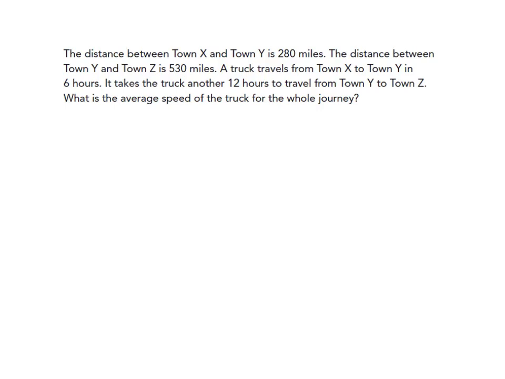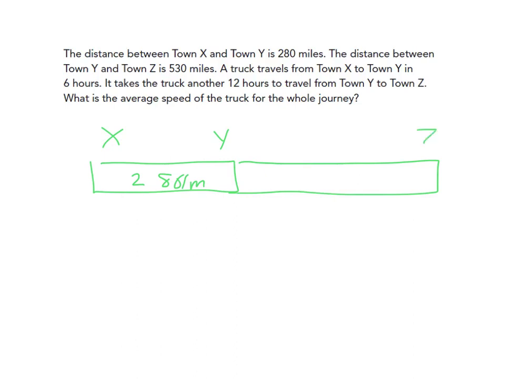They tell us that the distance between towns X and Y is a total distance of 280 miles, and the distance between Y and Z is 530 total miles. They tell me it takes 6 hours for this and 12 hours for this.